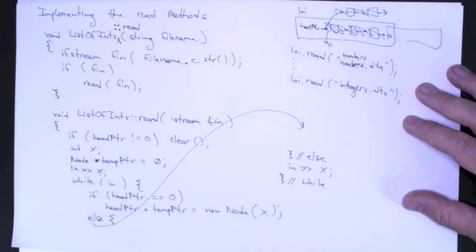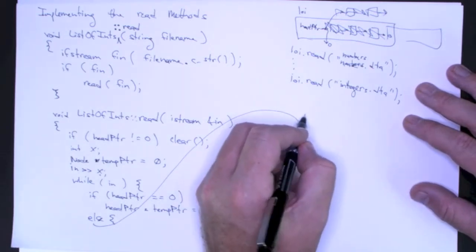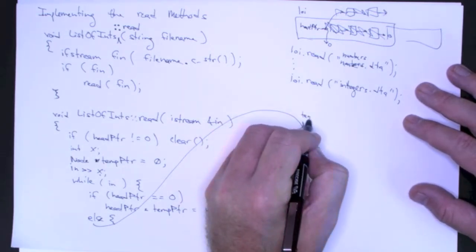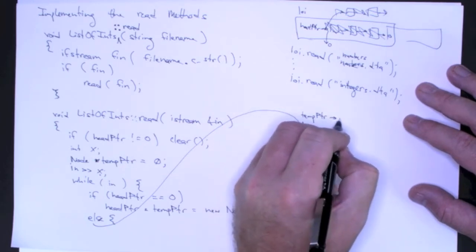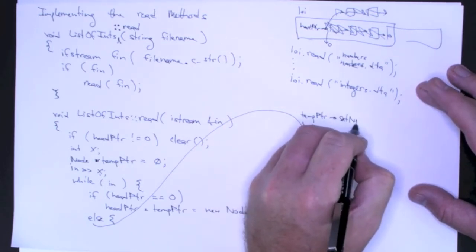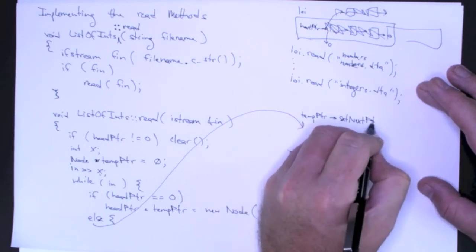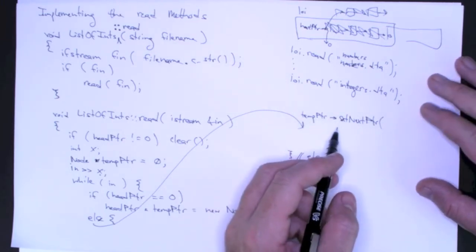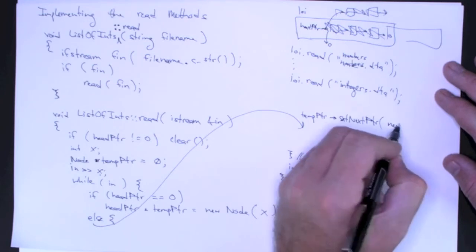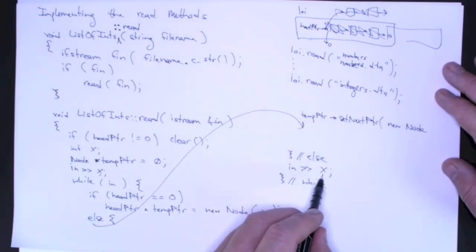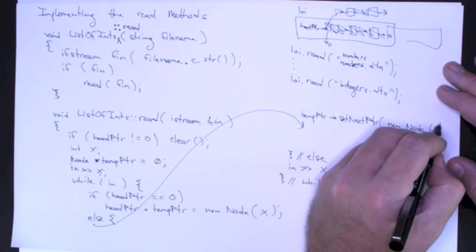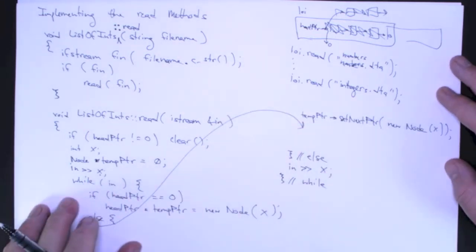Well, temp pointer points to the end of the list. So I can say that temp pointer set next pointer, and I want that next pointer to point to a new node that contains the x that I just read, just like that.